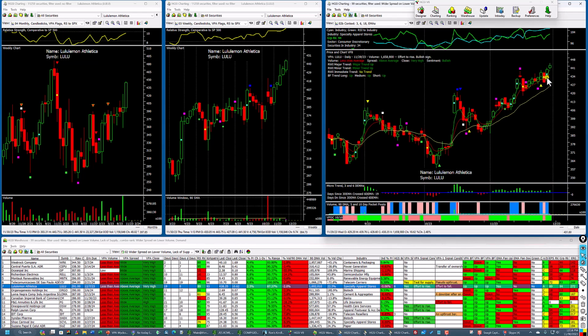But if I click on this, less than average, above average, very high, sentiment bullish. What are we today? Volume is low again, the spread is narrow, the close is mid right now. But this rose, and even though the volume was less than average, it generated an effort to rise yesterday, because there was more demand than supply.